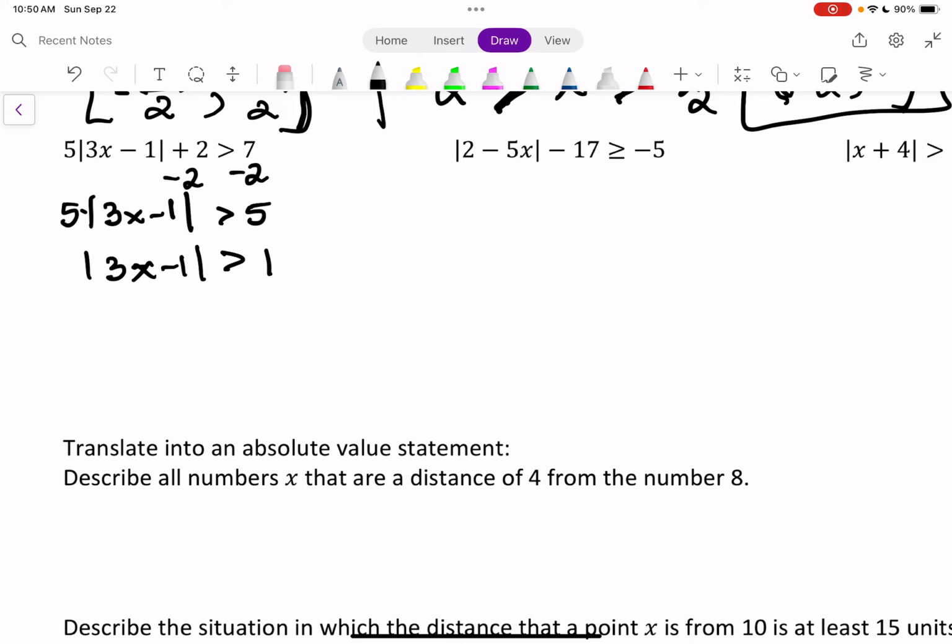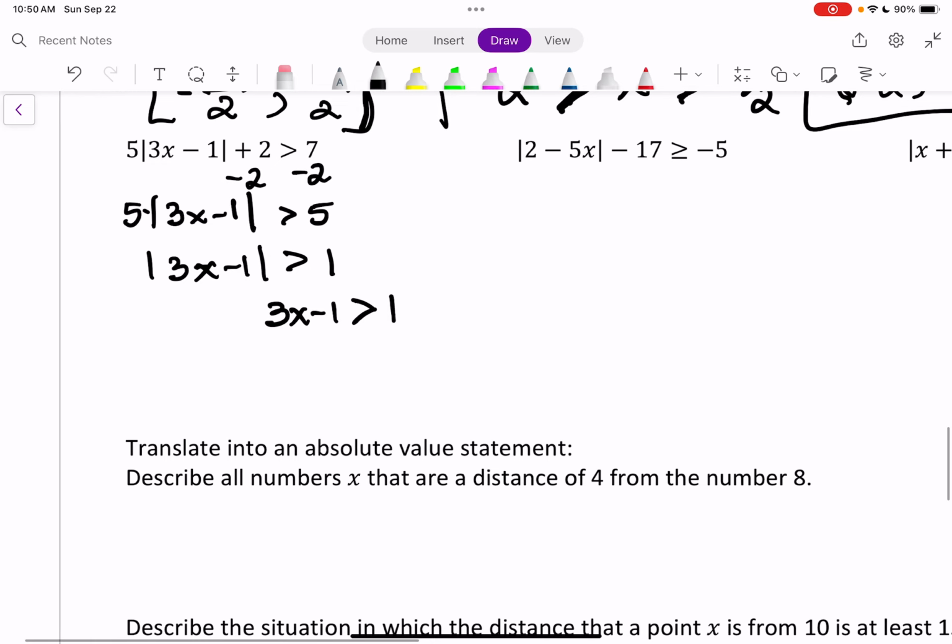That's the first task. Get the absolute value by itself, whether it equals, it's less than, greater than. Okay, so the absolute value is greater than 1. What does that mean? That means that this 3x minus 1 is more than 1 unit away from 0.